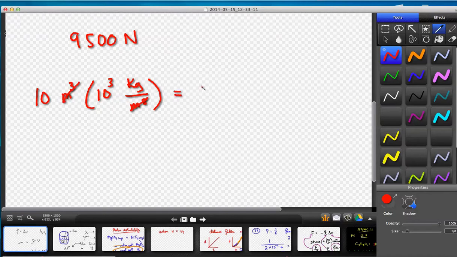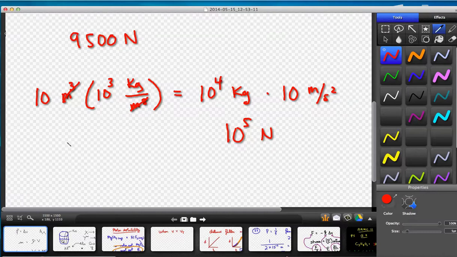That's 10 to the fourth kilograms. You multiply that by 10 meters per second squared. So that gives you 10 to the fifth newtons. That's 100,000. So we're looking at 109,500, and that ends up being C. I don't know why they highlighted both of those. Because they're stupid. Might as well.